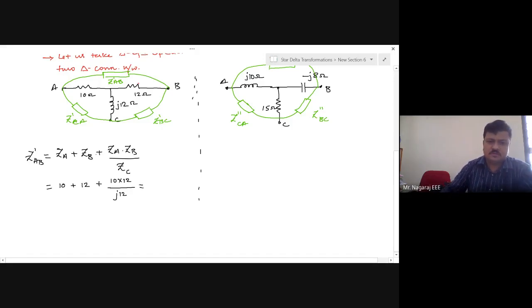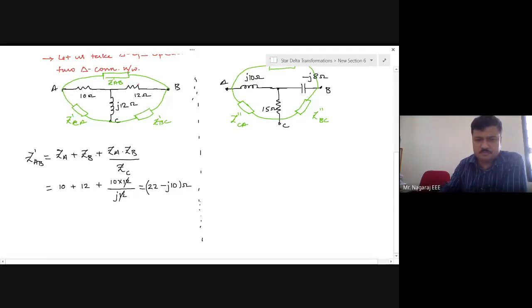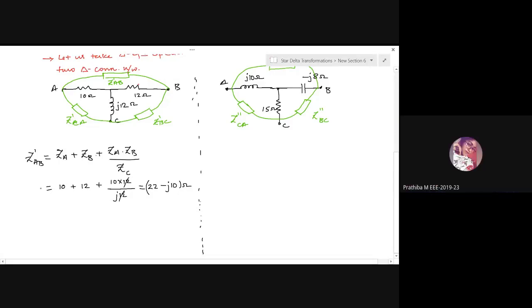So this is 22 minus J10. 10 plus 12 is 22, this 12 will cancel. J is in the denominator; when it comes to the numerator, it becomes minus. So 22 minus J10. Even if you put it in the calculator, you will get the same thing. All are getting the same? Yes, sir. Okay.